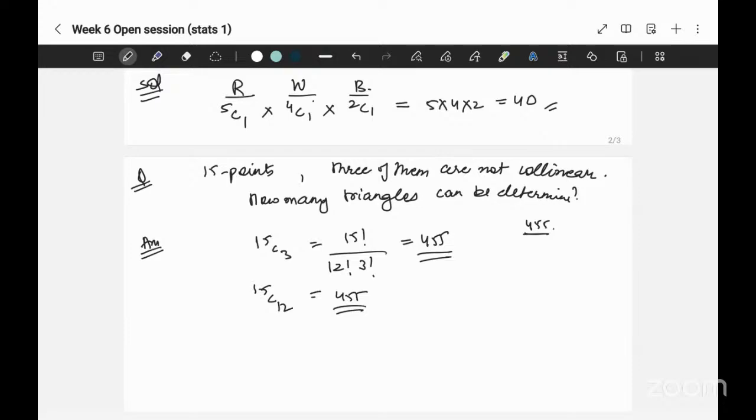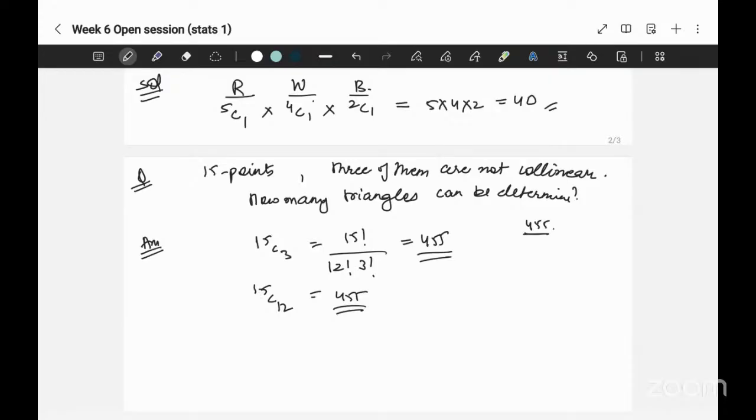Ma'am, what if three are collinear? If 3 are collinear, then we can't make a triangle, right? Ma'am, I am telling the same thing, that is 15C3, right? From the 15 points, you are selecting 3 points. Now, there is also one case that the 3 points are collinear, so you cannot form the triangle.